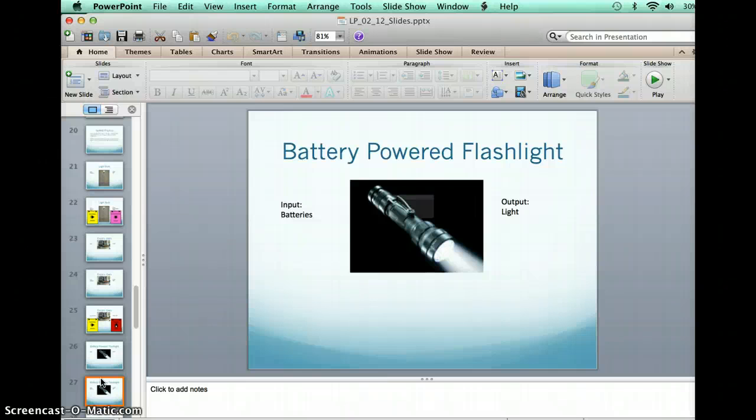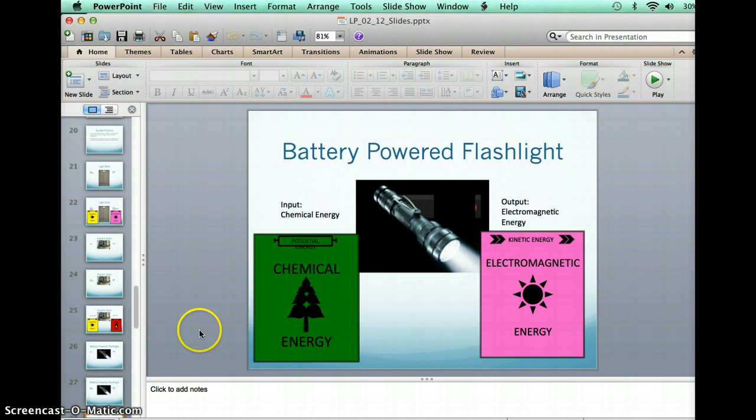So take a few seconds to decide which form of energy is going into the battery-powered flashlight and which form of energy is coming out of the flashlight. Okay, so hopefully you had chemical energy going in, right? That's stored energy. And then electromagnetic energy coming out, so energy in the form of light waves.